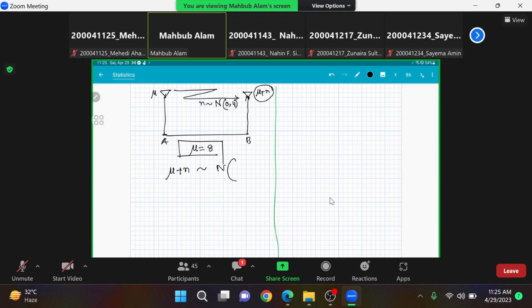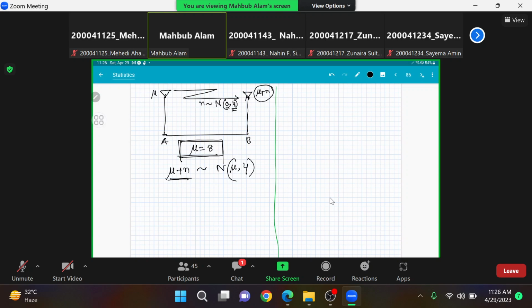Since the noise has 0 mean, the mean of the sum will remain mu, and the variance will be the variance of the noise. Now we want to test whether the signal sent on a given day has the amplitude 8 or not.